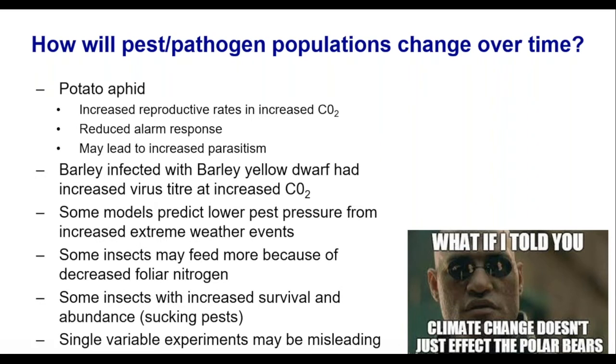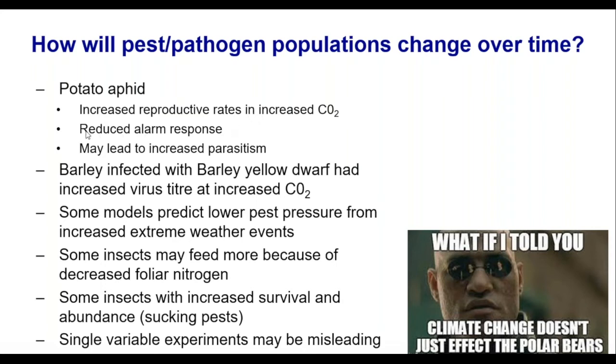But let's look at some more specific examples where people have stuck insects in a cabinet or in open air with increased carbon dioxide or other aspects that are simulating the conditions predicted under climate change scenarios. So for potato aphids, they measured increased reproductive rates in increased CO2.